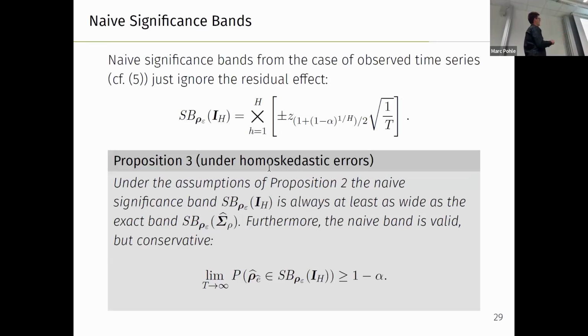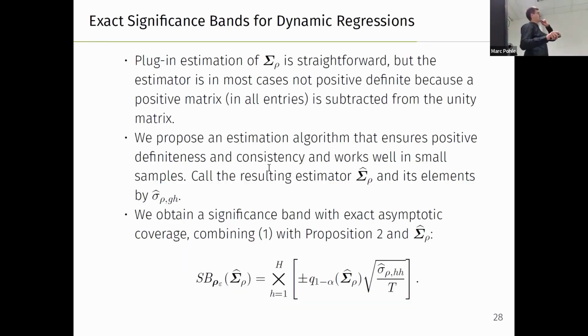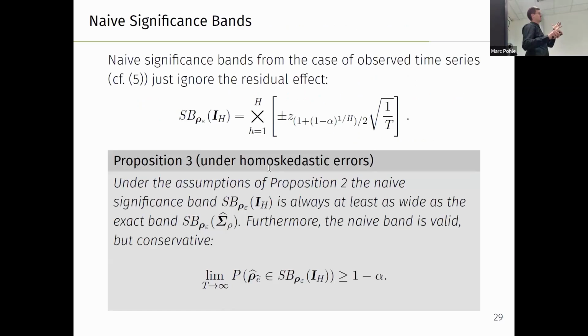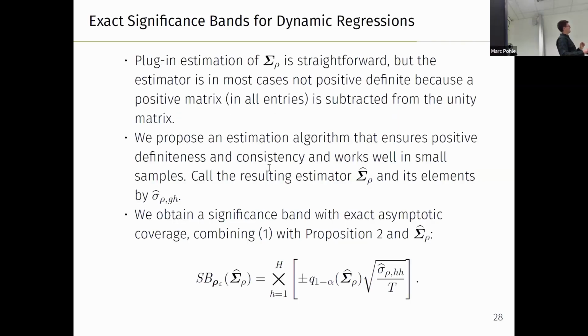Now you could wonder, as I said in the beginning, what happens if I just ignore the residual effect and just use those very simple simultaneous bands from the observed time series case. Under our assumptions, under conditional homoscedasticity, the nice result is that these naive bands, as we call them, ignoring the residual effects, are always at least as wide as the corrected bands.